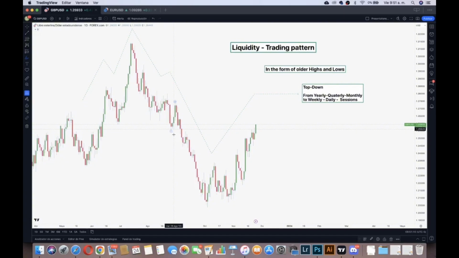So we go top down, where we make the top down analysis. We go from yearly, quarterly, monthly buy side or sell side liquidity in the form of older highs, like the yearly high, or older lows, like the quarterly low, right?